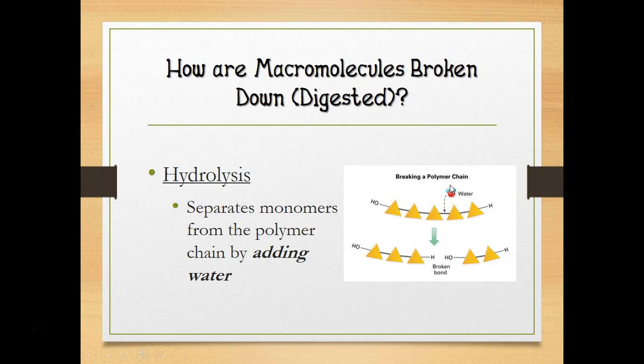So here's my water molecule. That water is going to come in. It's going to break this bond. One hydrogen from the water is going to go this way. The OH part of the water is going to go that way. And I've now broken the chain into smaller pieces. And we talk about this as a hydrolysis reaction. Well, if we know our prefixes and suffixes, hydro means water, and lysis means to break. So I'm adding water to break the bonds.